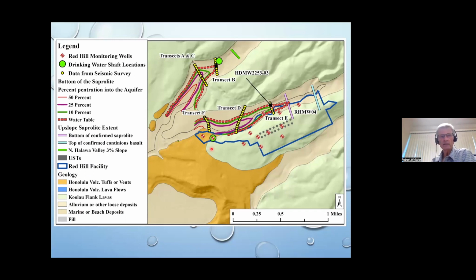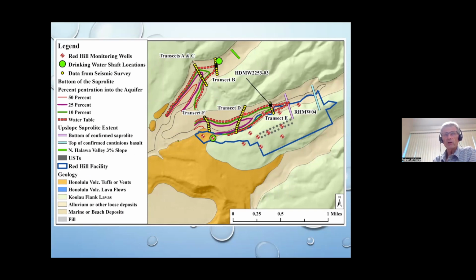So to that end, the Navy, working with Boise State University, conducted a seismic survey to image the contact between the valley fill and saprolite wedge and the underlying basalt. And so these lines show the transects that were done on South Halawa Valley and North Halawa Valley.